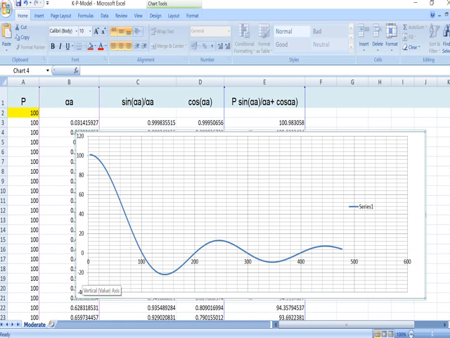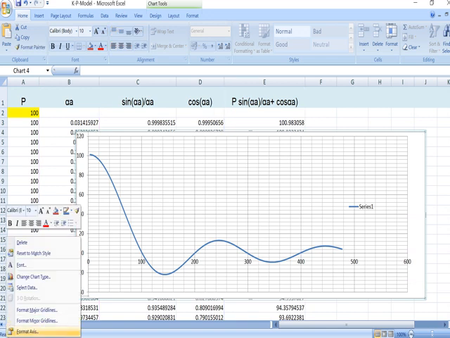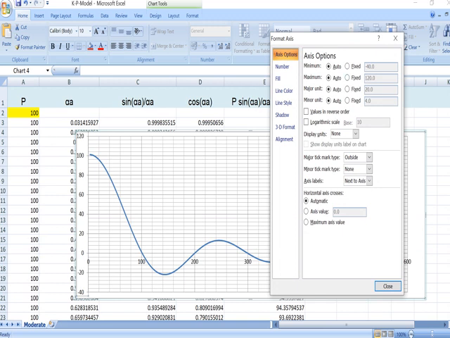Now look at this graph. What is this graph? The left hand side is plotted as a function of alpha a. Do not look at the absolute values that you see on the x-axis; it is normalized. Now let me format this axis. We are interested in between plus 1 and minus 1, but let us go stepwise.